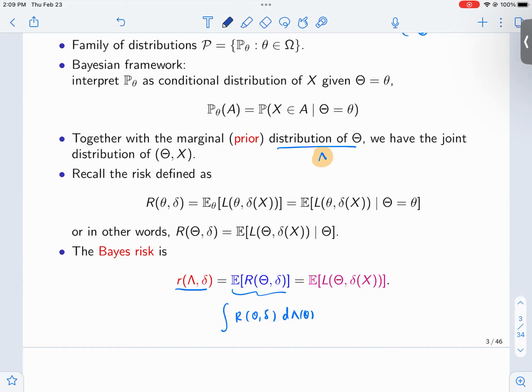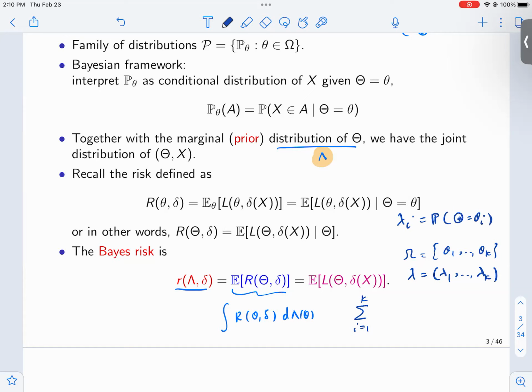If you're not comfortable with this, just imagine the discrete case where the parameter space is discrete. Suppose omega is theta 1 up to theta k, and then the prior would be just a vector, lambda 1 up to lambda k. These are the probabilities. So lambda i would be the probability that theta is equal to theta i.